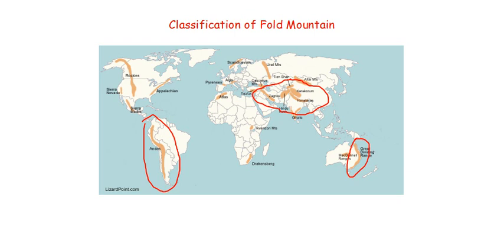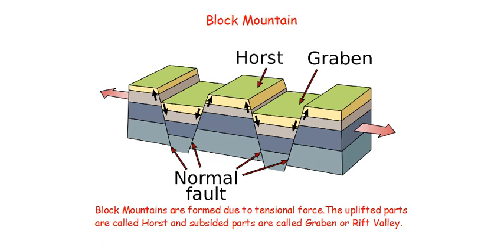So we have two belts or groups of fold mountain. One is the circum-Pacific belt, another is the mid-continental belt. And all these fold mountains are formed due to convergence of different segments of earth crust or different kinds of plates.